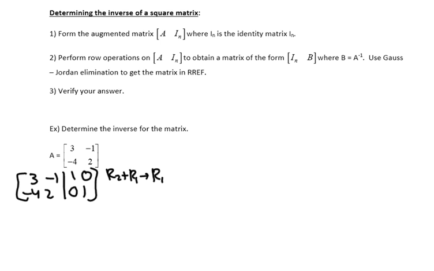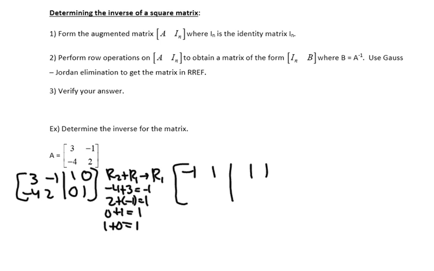So I'm going to do this row operation here. Let's put that here. Again, row 1 is changed. Row 2 remains the same.